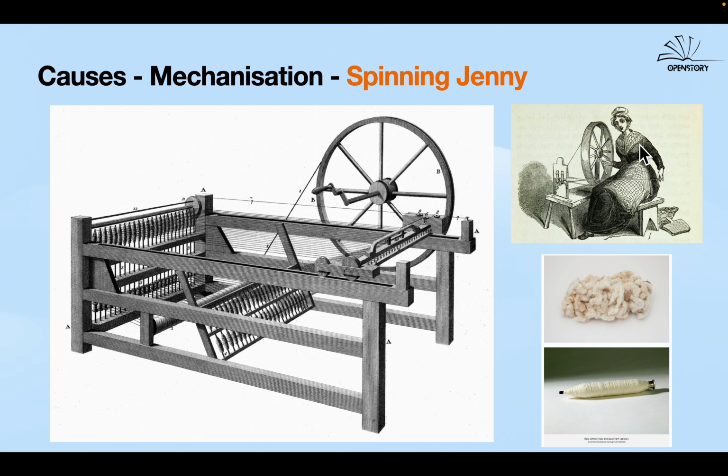It let a single worker spin many spools at once, so raw cotton could become usable thread much faster. Then steam power got added to both spinning and weaving. Boom! Britain's cotton industry scaled up fast. Better quality, lower prices. Cotton cloth went from elite luxury to everyday staple.